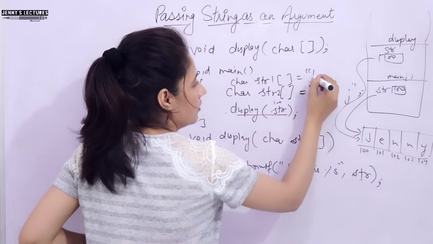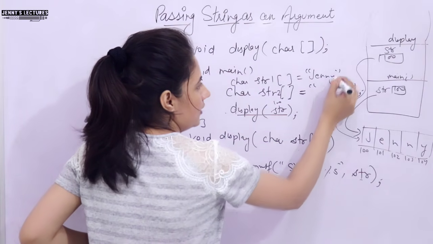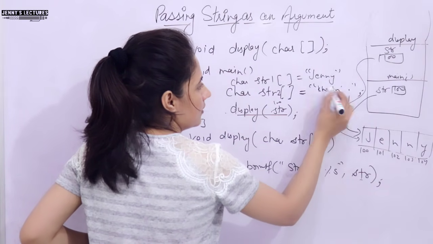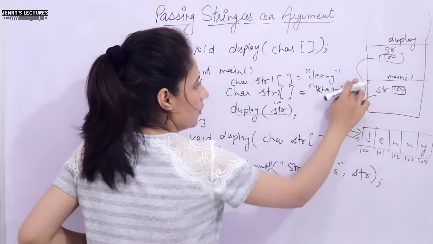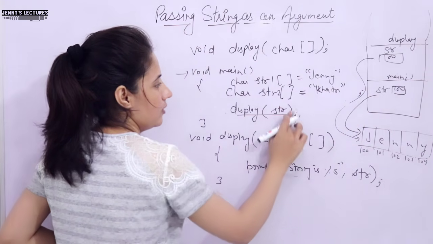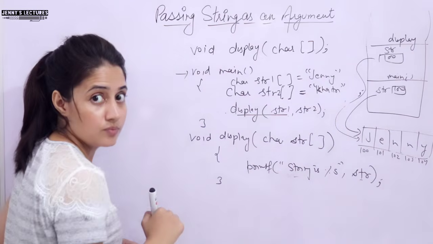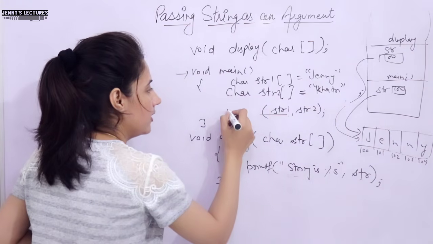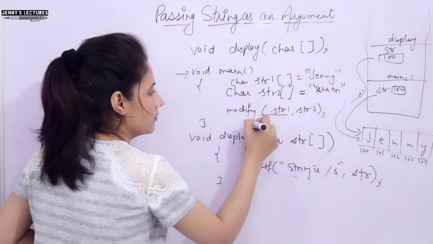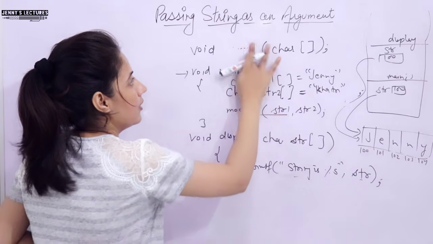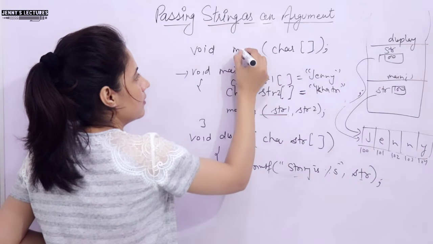Here I am passing Jenny, and here I am passing Khatri. We want to pass two strings, right? So str1 comma str2, and the function name I am taking is modify, and here also modify.